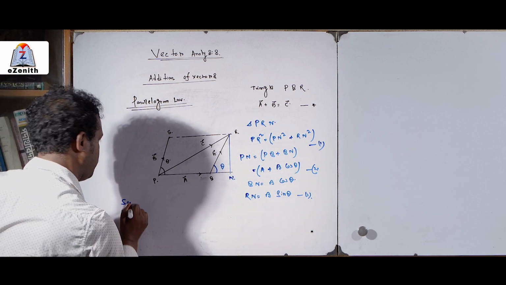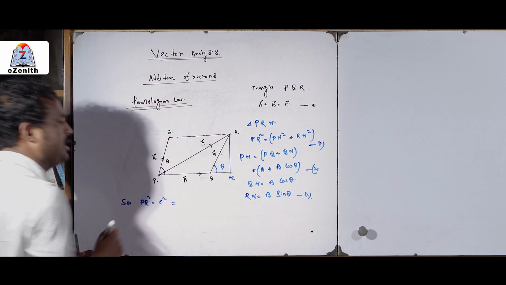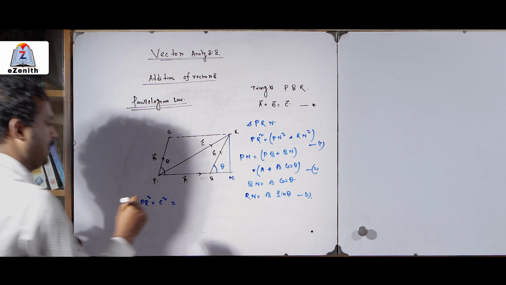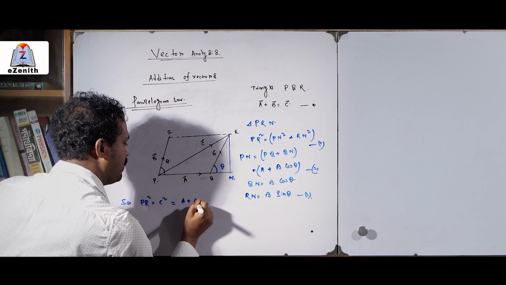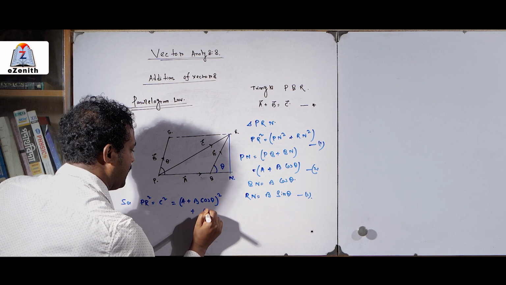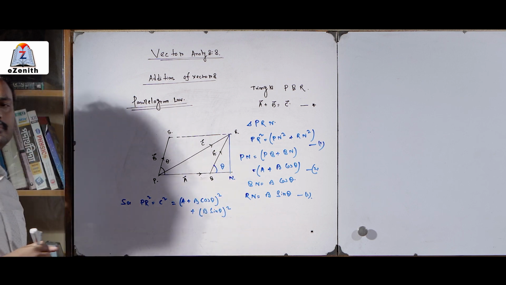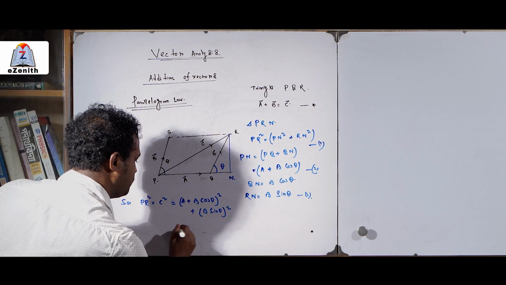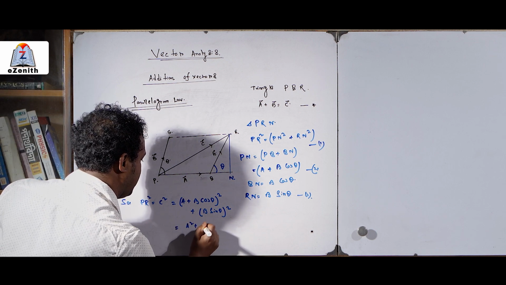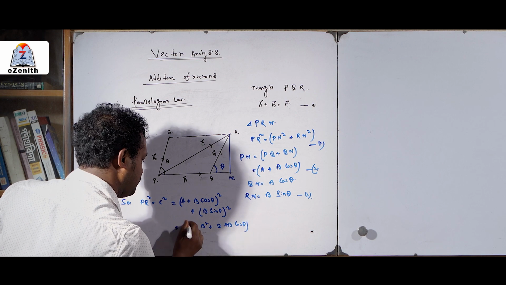Just square PN and RN and put them here. So PR square, that is C square, is equal to (A plus B cos theta) whole square plus (B sin theta) whole square. That equals A square plus B square plus 2AB cos theta.